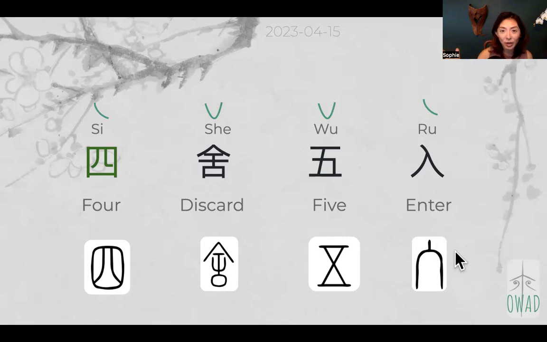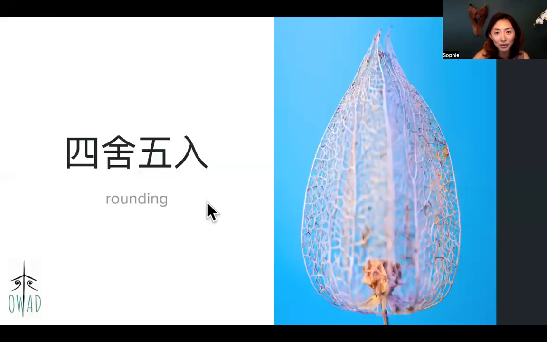That's how you can enter. You have to narrow the resistance, right? To become everything focused onto one point. That's how you can enter. Okay. 四舍五入 is simply branded into every Chinese student's brain to teach us how to do rounding.